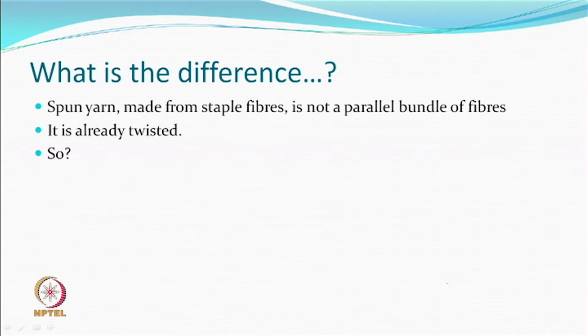The difference from the previous ones is that spun yarns are made from staple fibers. We were working on filament yarns as far as twist texturing is concerned, and spun yarns are definitely not parallel bundles of fiber, they are already twisted material. So, what do we do?